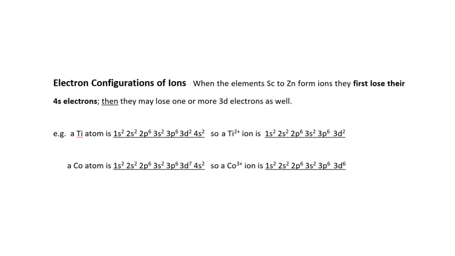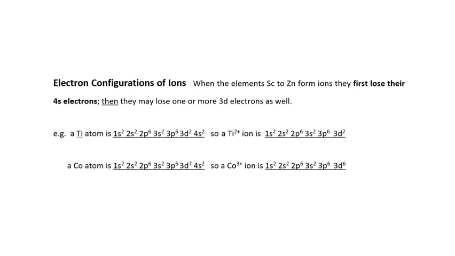So the next thing you need to worry about is what happens when you form ions. And again, this is not what you would expect if you just think about it logically, because what we've seen is that in general you put in 4s electrons and then you start adding 3d electrons.